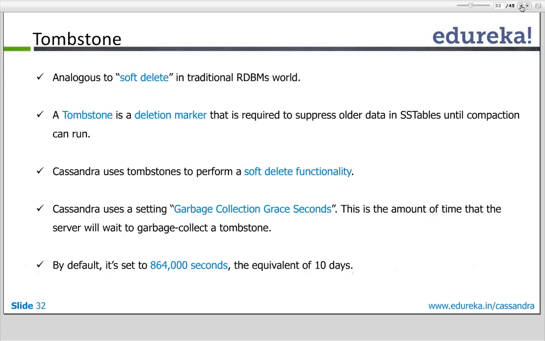If there was no compaction for 10 days, the garbage collector will run and try to clean the tombstones. If you have many delete operations happening in your application, you can set this limit to 1 day or so, so that at the end of each day your tombstones are discarded. By default it is 10 days. We call this garbage collection grace seconds.